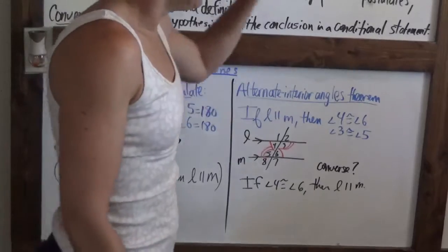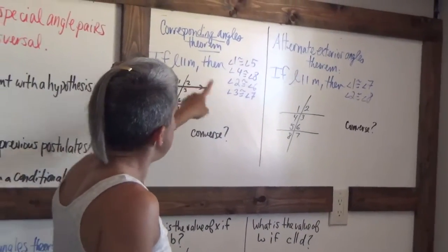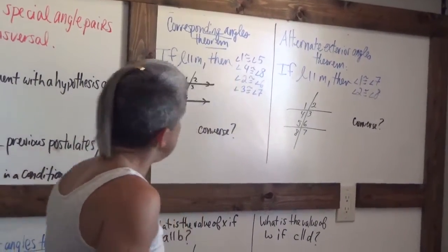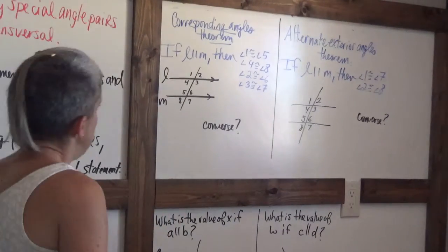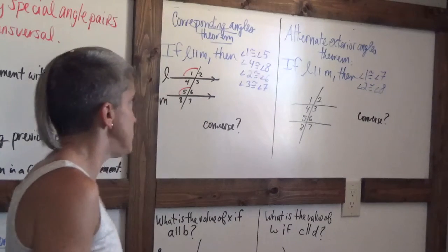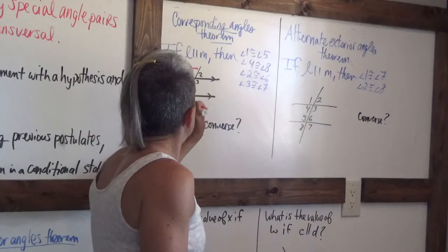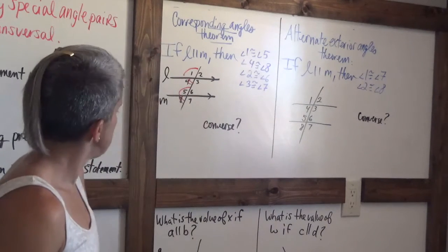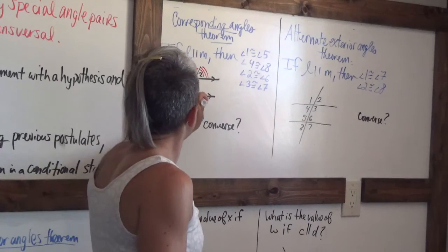We've got two more left here. We have our corresponding angles theorem. If L is parallel to M, then all of these corresponding angle pairs are equal. So let's review: 1 is congruent to 5, those are corresponding angles. 4 is congruent to 8, another set of corresponding angles. 2 is congruent to 6, another pair.